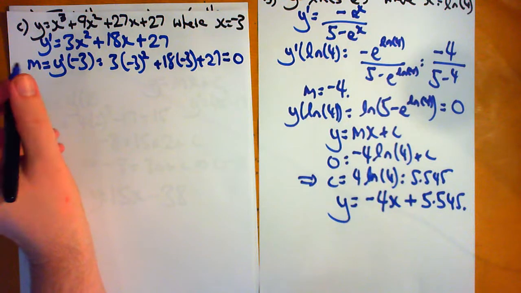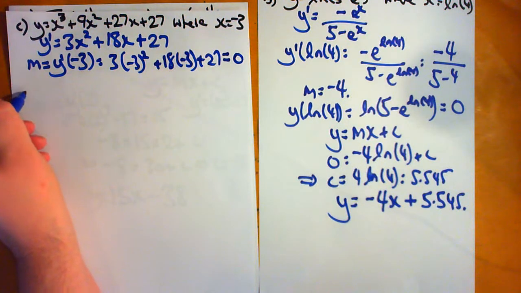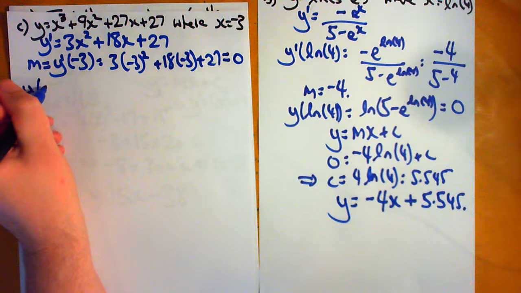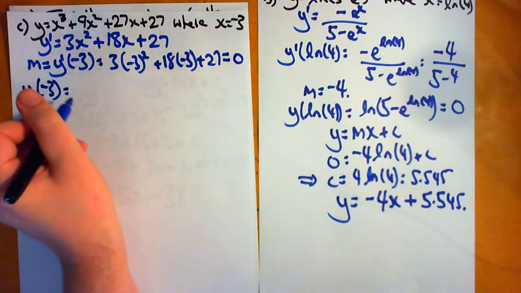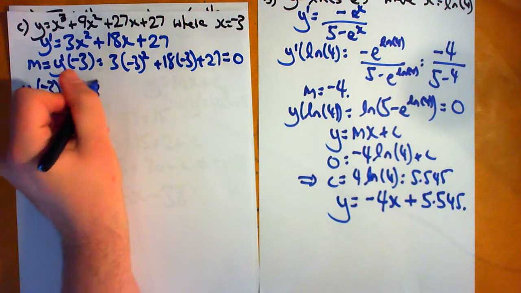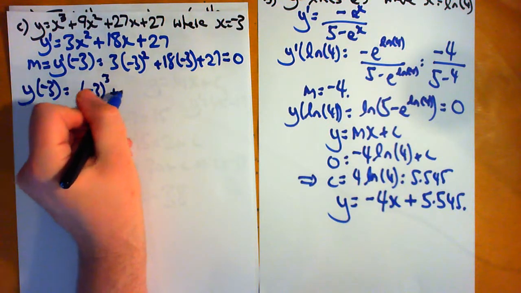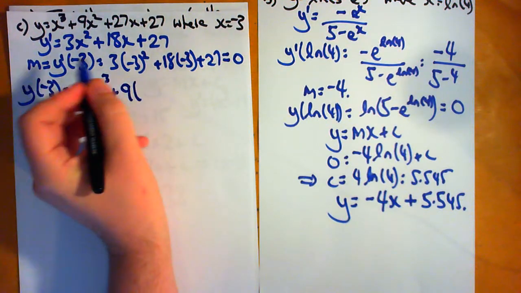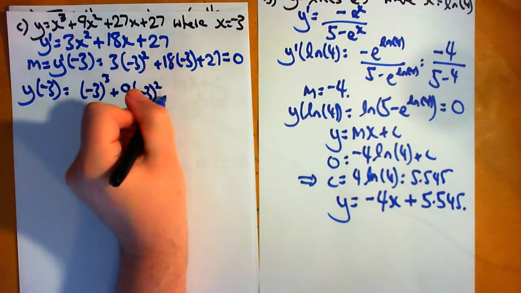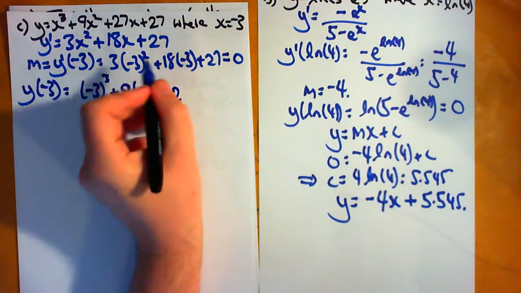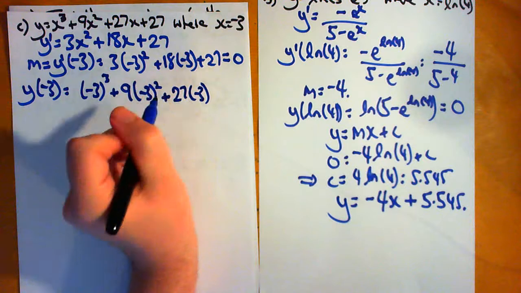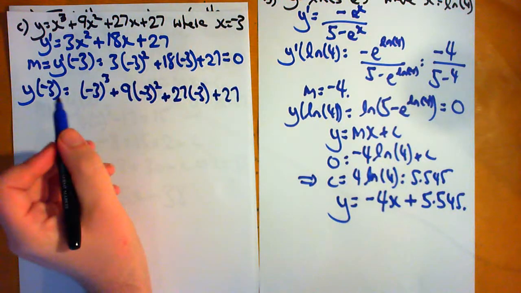We also need to work out what y is. Substituting negative 3 into the original, we get negative 3 to the power of 3 plus 9 times negative 3 squared plus 27 times negative 3 plus 27.